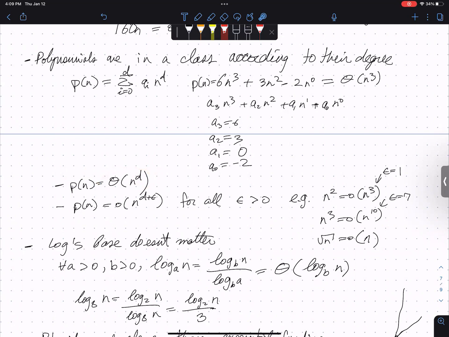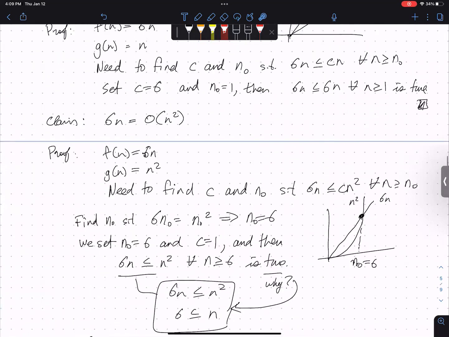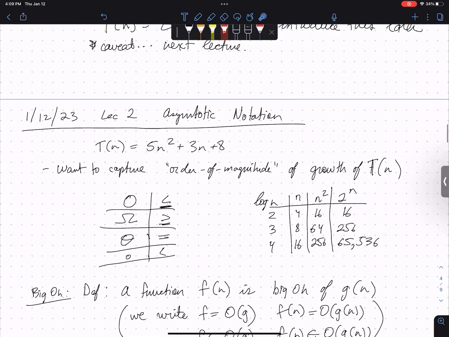I got a complicated polynomial. I don't care about this stuff. I don't care about this stuff. I just care about the leading power. If you go back to the start of the class, this guy, I'm just going to write this as theta n squared.